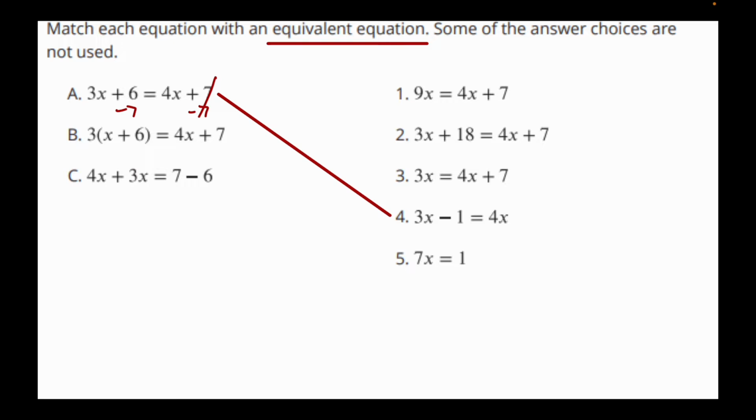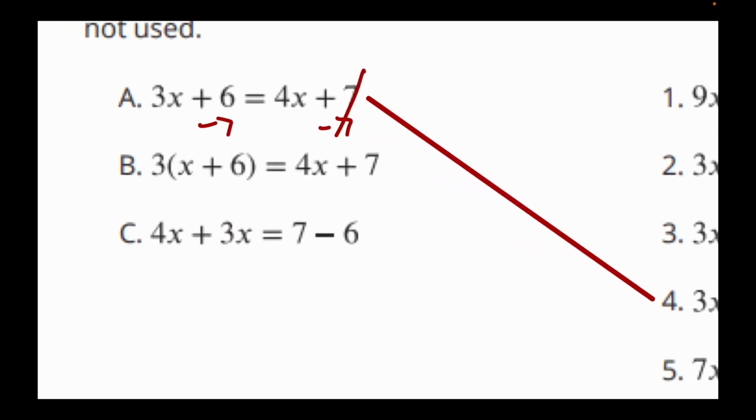Now B and C, obviously they're all going to have similar numbers and things in them, but B and C, here it looks like my first step might be to actually distribute. So if I distributed the 3 to both of these, let's see what that is. I'm going to do this work in blue just so it doesn't interfere as much with the one above it.